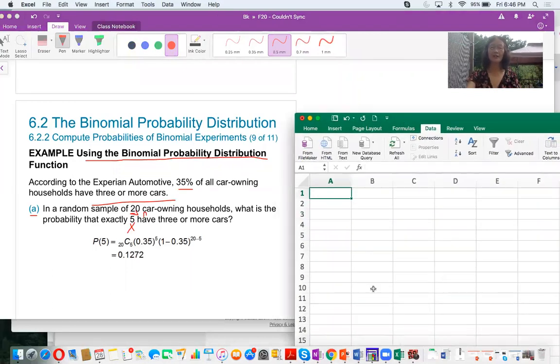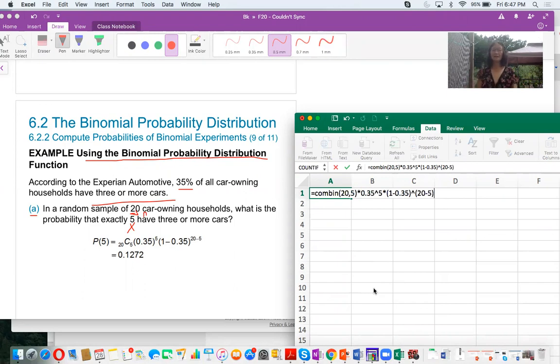In Excel, you use COMBIN to calculate the combination. You have 20 numbers, select 5. So that is the combination, times 0.35 raised to the power 5, times bracket 1 minus 0.35 raised to the power 20 minus 5.